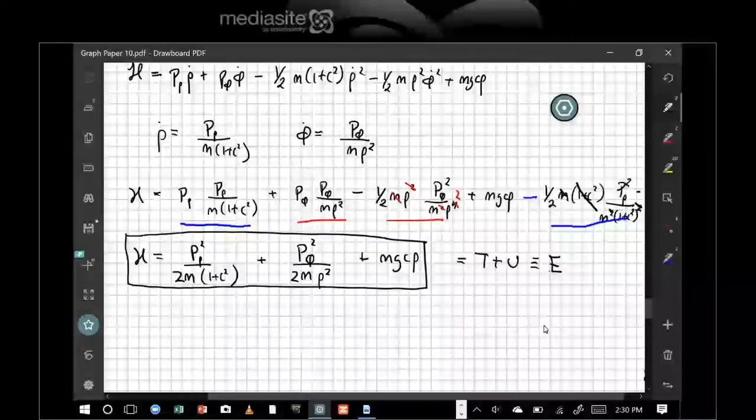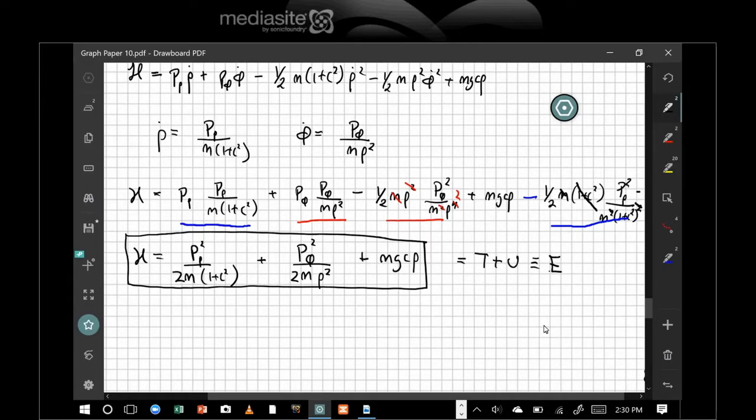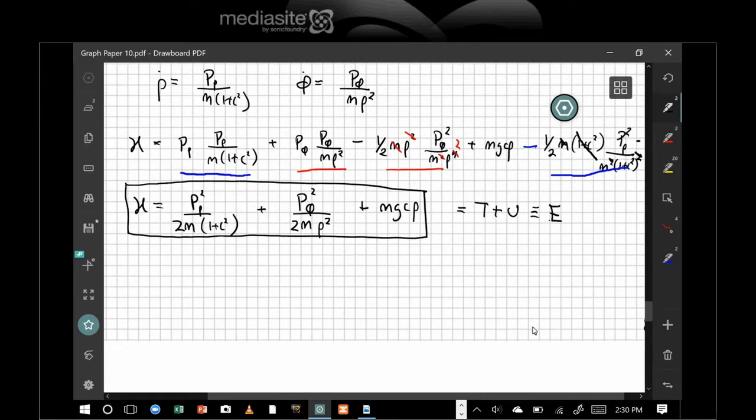Okay. All right. So now let's get the Hamilton equations of motion. Now that's not so bad. Okay. So let's just do that below. So again, my first equation of motion.